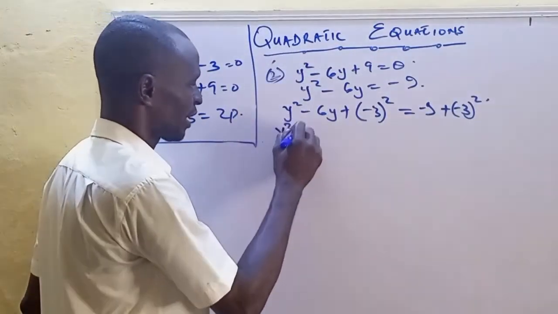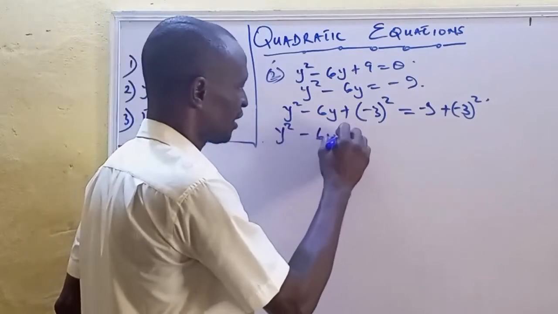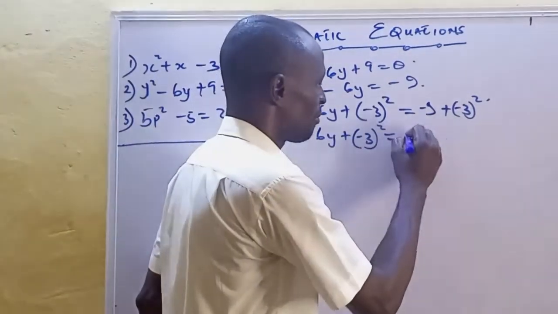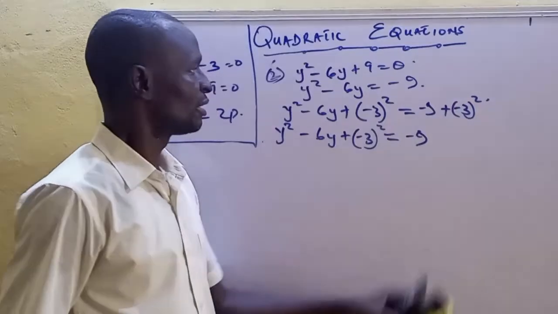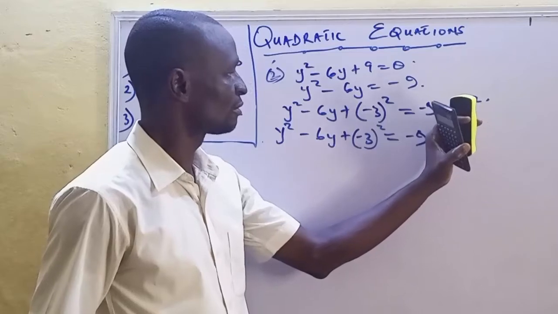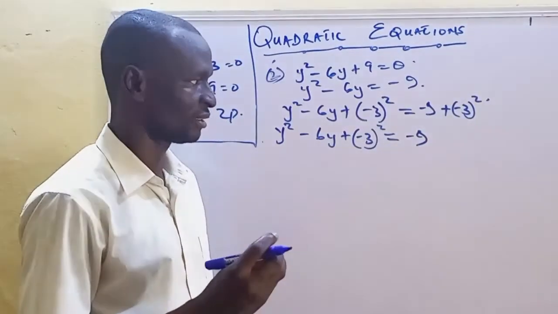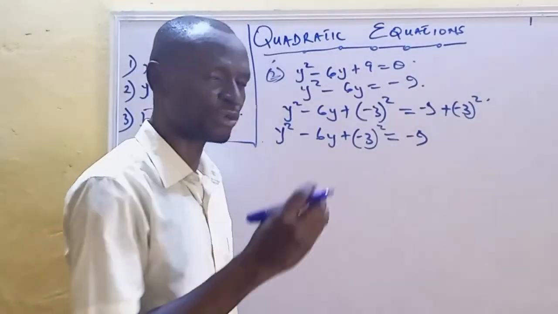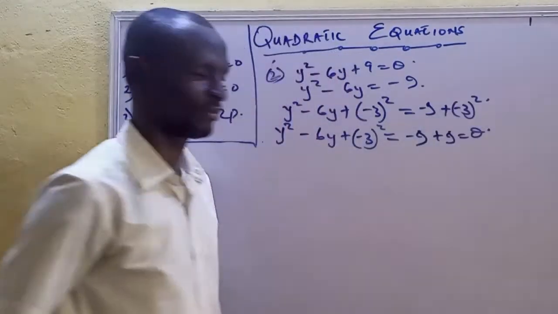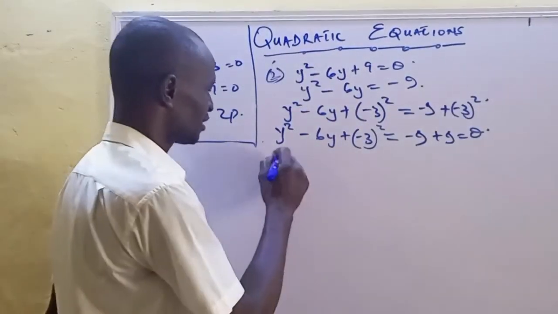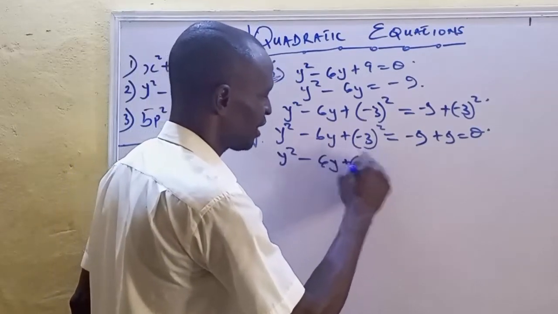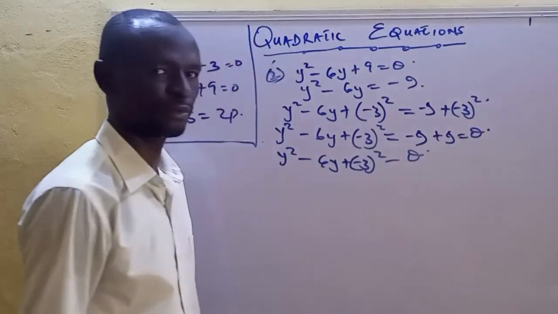It becomes y squared minus 6y plus minus 3 all squared equals minus 9 plus, now this is minus 3 all squared, it's going to give me plus 9. Minus 9 plus 9 equals 0. So y squared minus 6y plus minus 3 all squared is equal to 0.